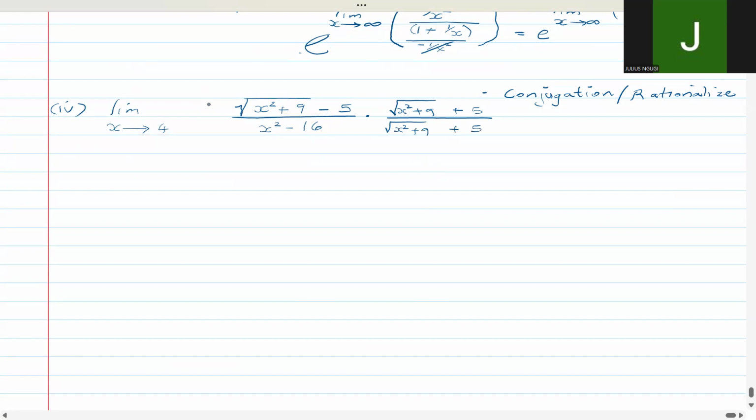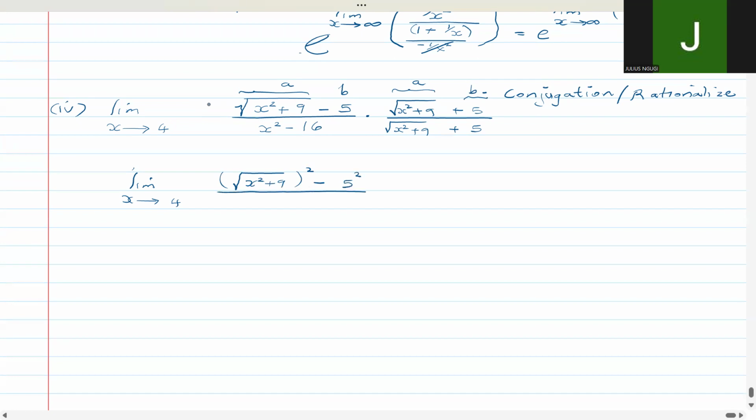Then this becomes limit as x approaches 4. Then looking keenly, if this one was A and this one was B, then this one should be A, this one should be B. And that is A minus B times A plus B, which is A squared minus B squared, because it's a difference of two squares, so square root of x squared plus 9 squared, minus 5 squared.